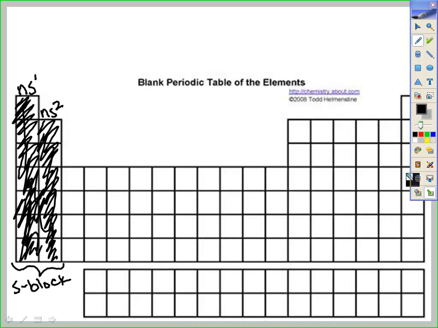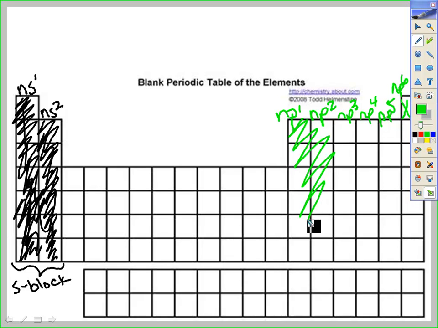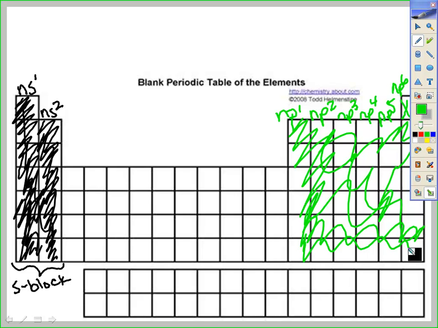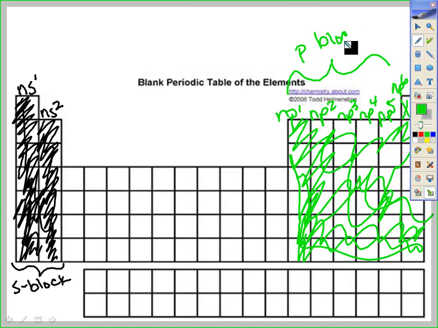If you were in my class, we color-coded all those elements as having a black card. Over here, we saw the elements NP1, NP2, NP3, NP4, NP5, and NP6, with the exception of helium. Helium was 1s2. We colored all of those elements green, and because they all ended in P something, P1 through P6, we called those green elements the P block.